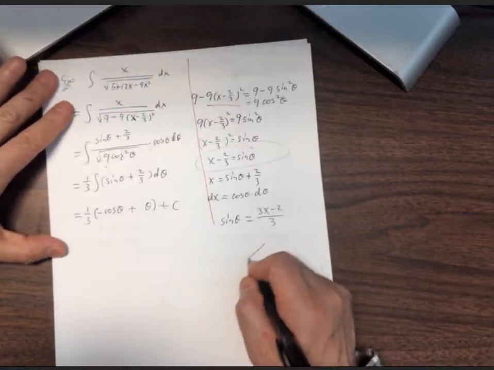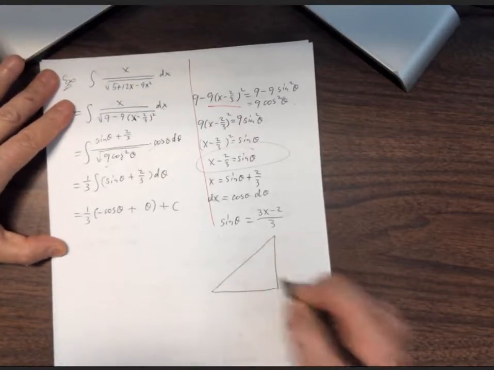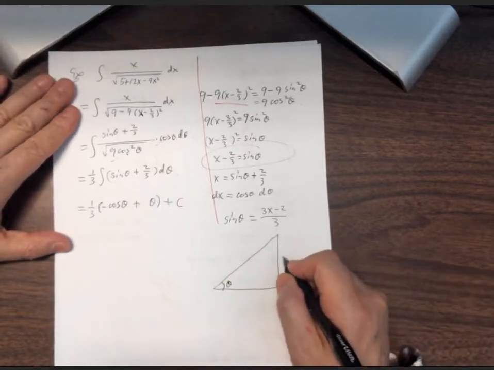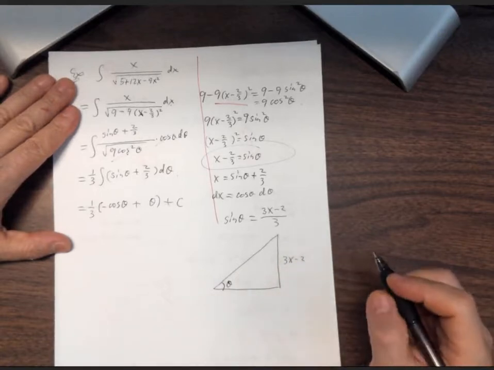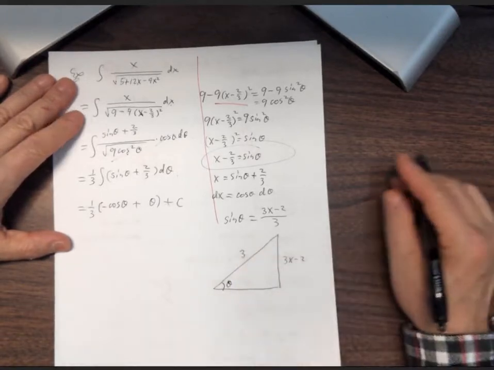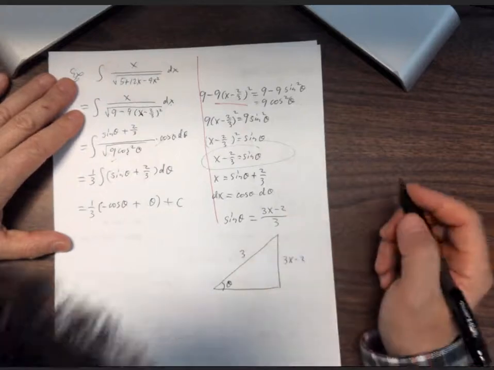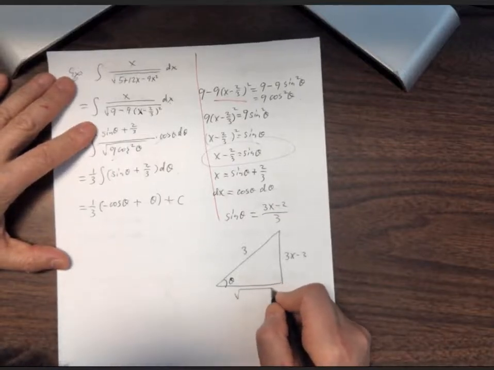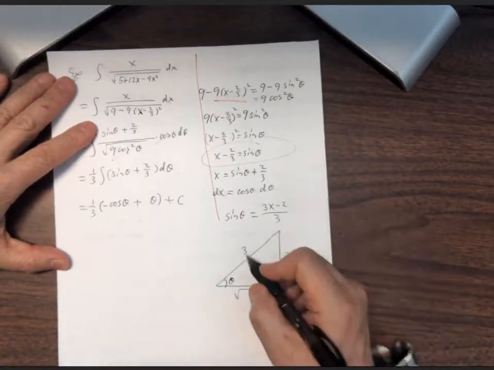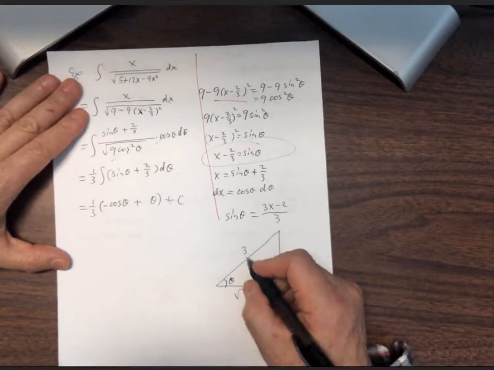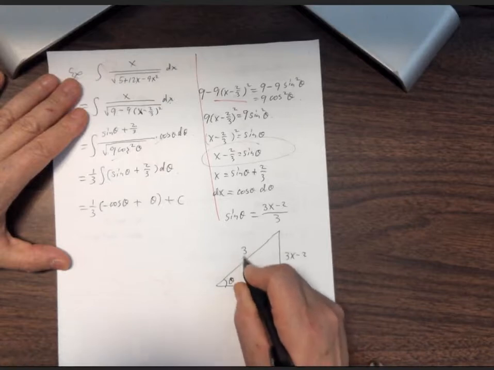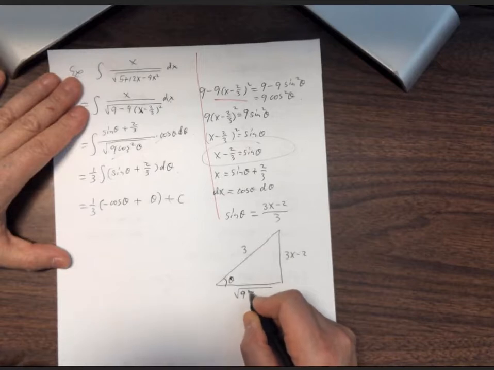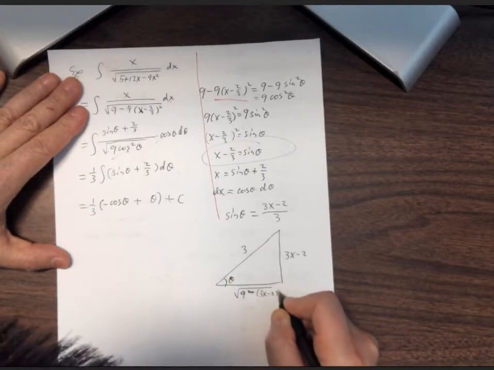So this suggests that if we think of this angle as theta, then 3x minus 2 is the opposite side, 3 is the hypotenuse. The third side, if you use the Pythagorean theorem, becomes 9 minus (3x minus 2) squared, under a radical.